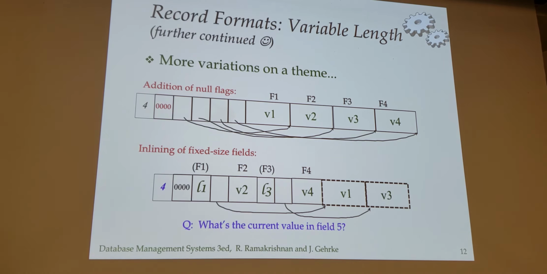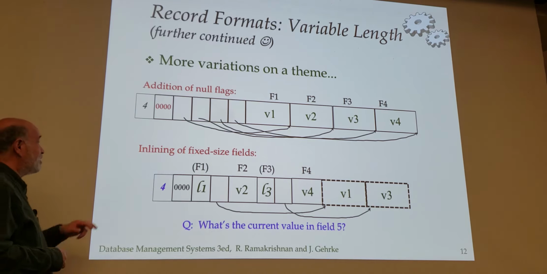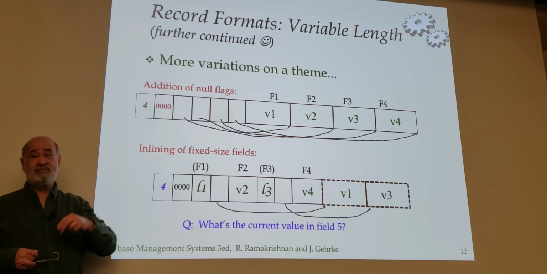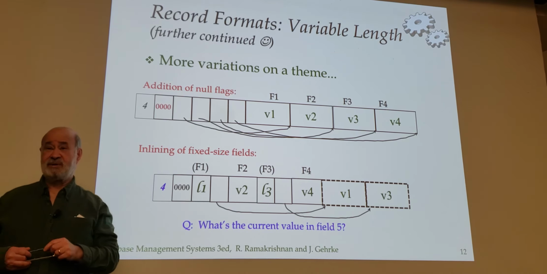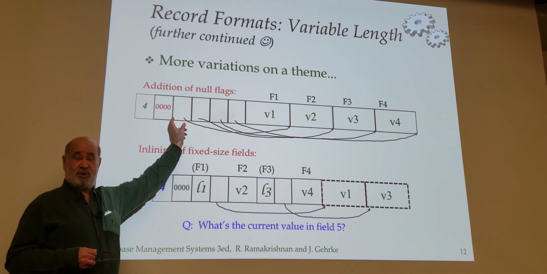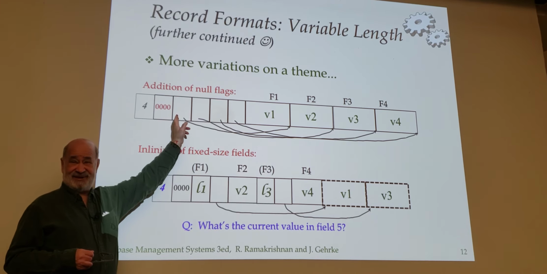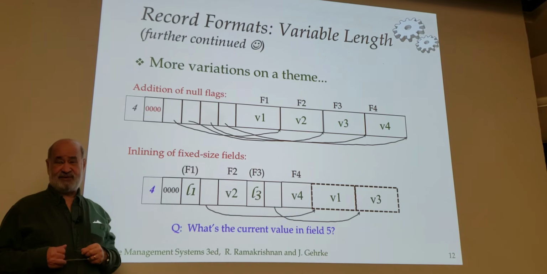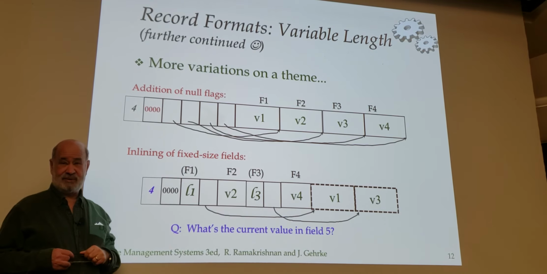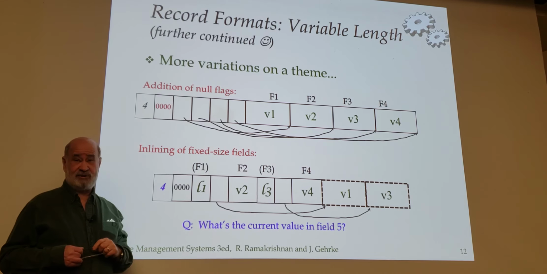So on the input, you're going to be dealing with bytes. On the storage, you might want to deal with words, because you want your integers to begin on word boundaries. So think about bytes versus words, and you'll want to think about this and talk about this when you're working on the project. This is one of the places where the input format and the storage format may differ.